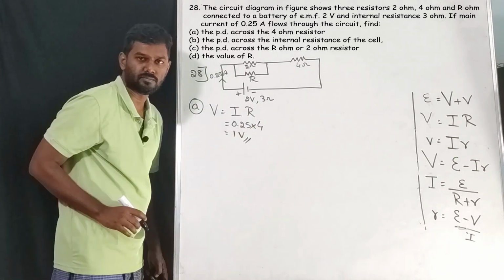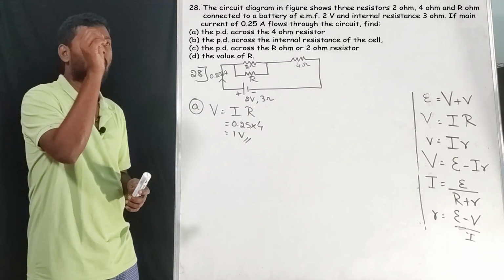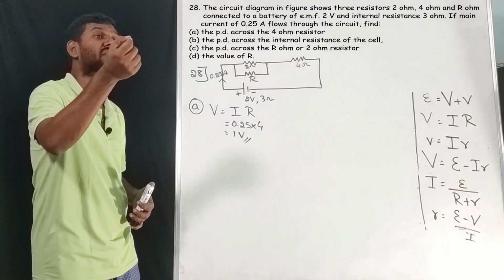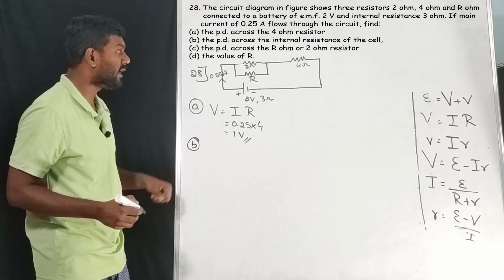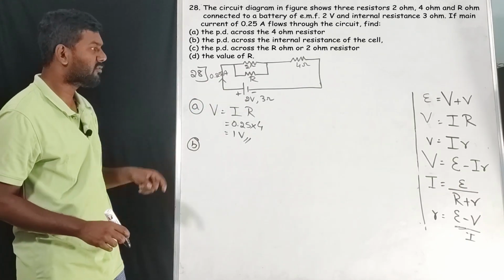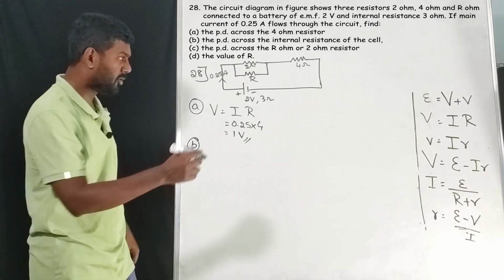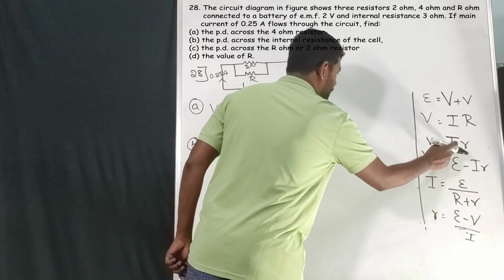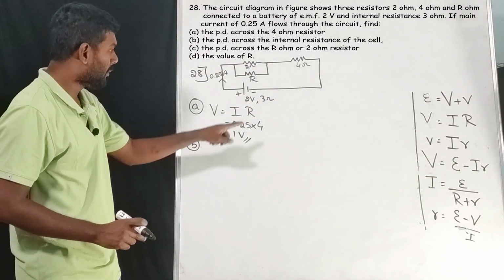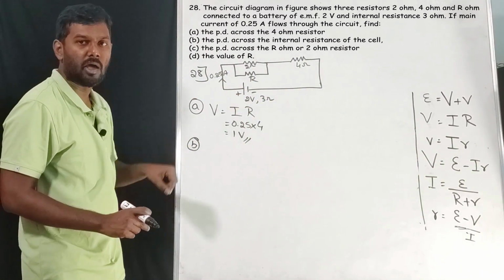That's it. Our second sub question: the potential difference across the internal resistance of the cell. Whenever we use internal resistance and potential difference, what value are we going to find? V is equal to I into R. We use the same formula, but R here will be small r, correct?